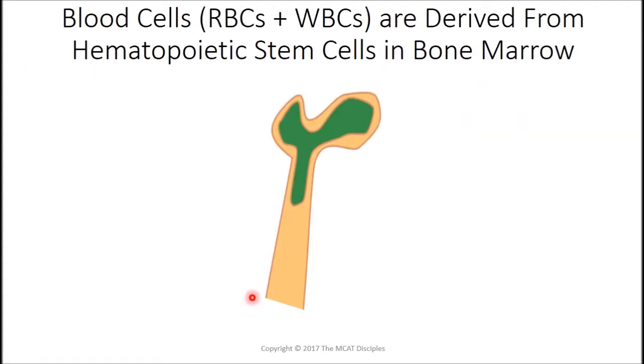Again, blood cells, red blood cells plus white blood cells, are derived from hematopoietic stem cells within bone marrow. I'll go through some of the terminology, but I don't really have an image for you. When the hematopoietic stem cells divide, they divide either into a myeloid progenitor cell or a lymphoid progenitor cell. The lymphoid progenitor cells go on to make up the adaptive immune cells, so B cells, T cells, and also the NK cells.